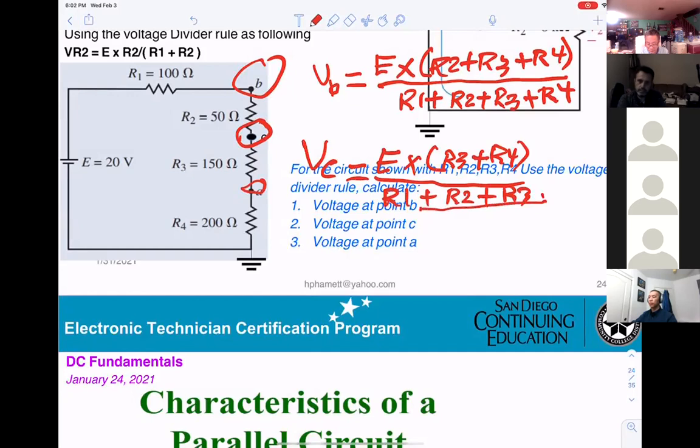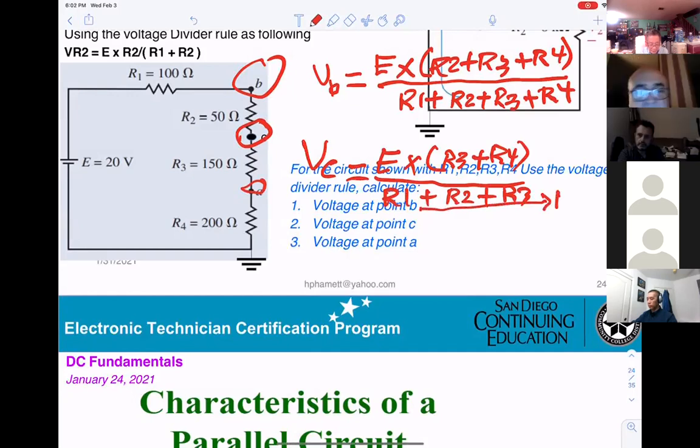So the VB is 16. 16 volt. No, the VB, not the VC. V at point B is 16 volt. Is it right? Yes. Right.